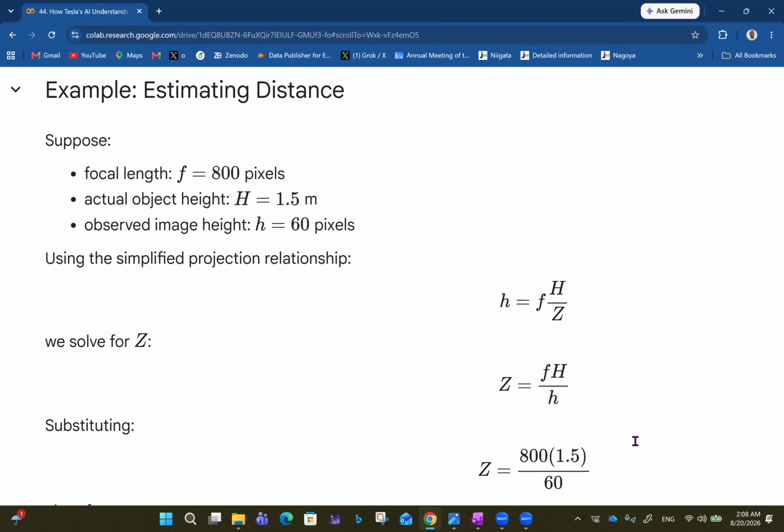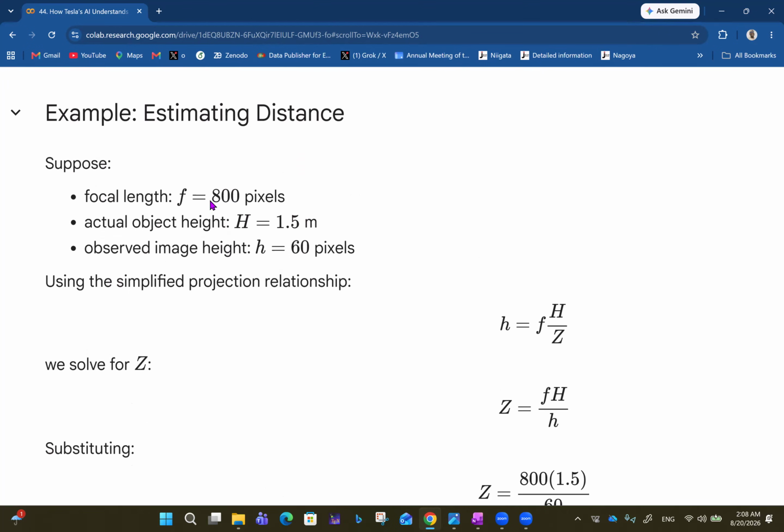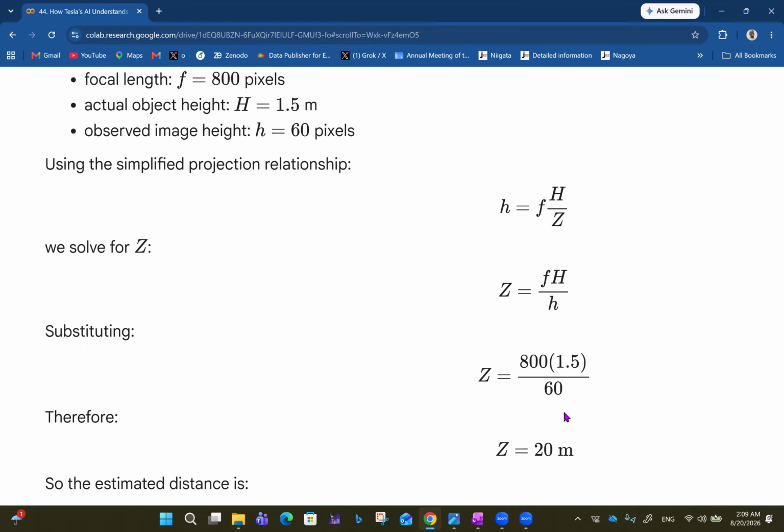So estimating distance now. Imagine a focal length of 800 pixels and actual object height is 1.5 meters. Observed image height is 60 pixels. So using the simplified projection relationship, h is F times H over Z, and we solve for Z to be F times H over h.